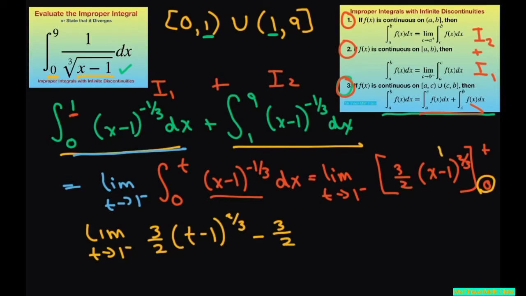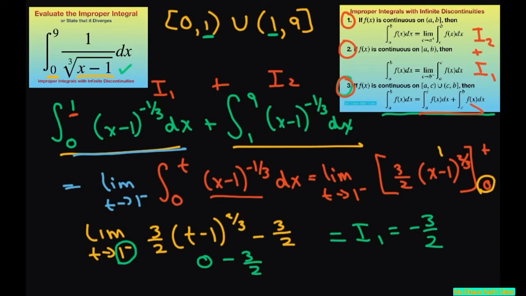When you substitute in the 1 here, this is going to be 0. So we have 0 minus 3 halves. So this limit for integral 1 equals negative 3 halves.